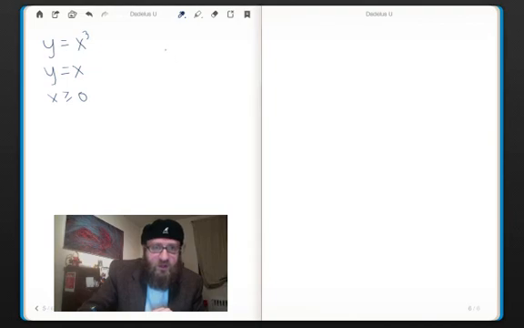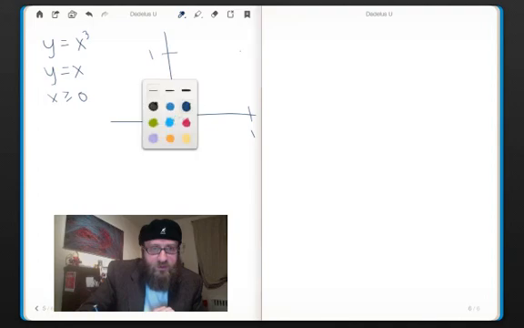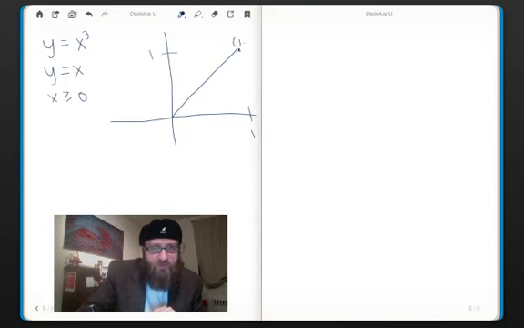So let's take a look at the shape in question. Basically, we're really only concerned with what happens between 1 in the x direction and 1 in the y direction. Because as we know, the line y equals x looks like so, arriving here to this point (1, 1).